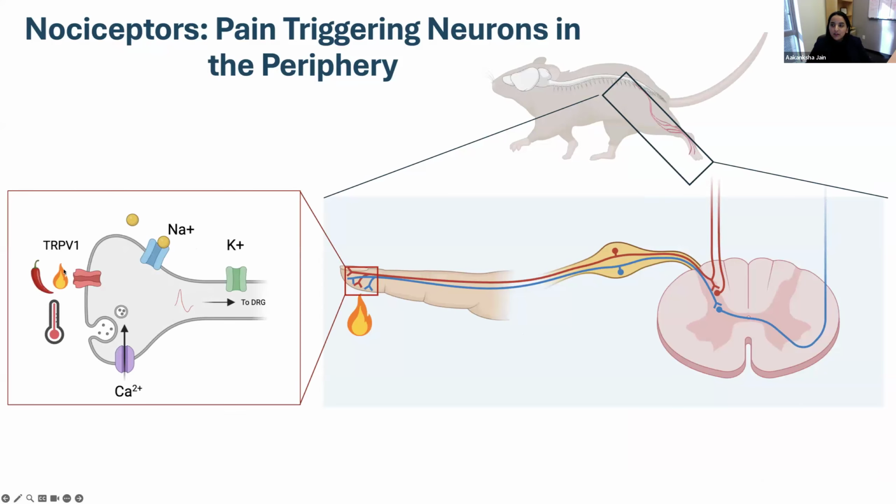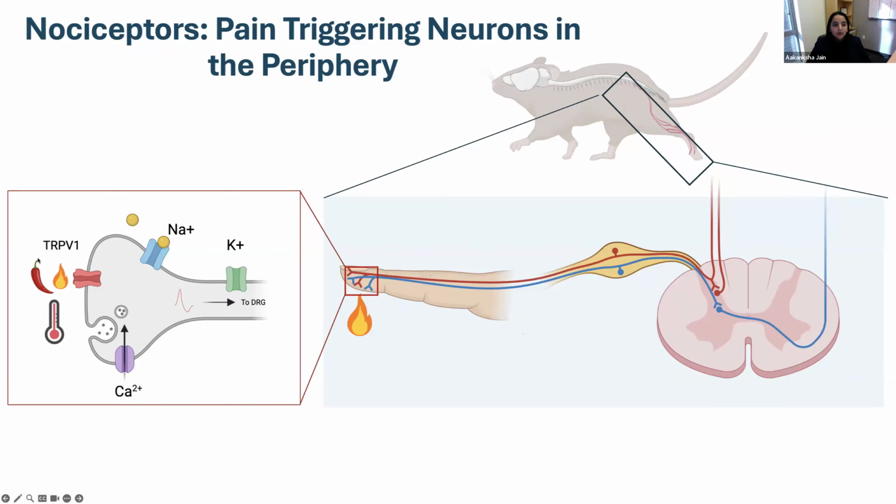So TRPV1 is one of the most famous TRP channels, the sensor for extreme heat, or the active ingredient in the chili pepper called capsaicin. And both of these will lead to the sensation of thermal pain, or the hot pain that you get with the chili pepper.